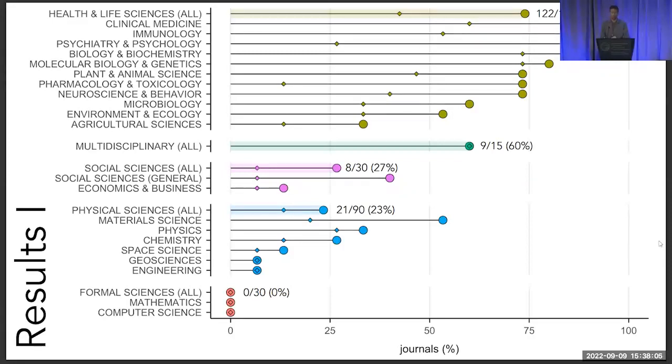Going beyond the graph now, 105 of these journals provided their own internal guidance as well as referring to guidance in external sources. There were 23 journals that only provided internal guidance and 32 that only referred to guidance in external sources.